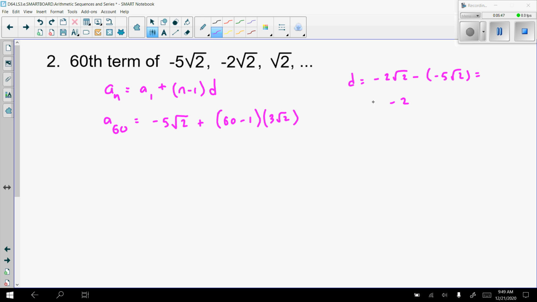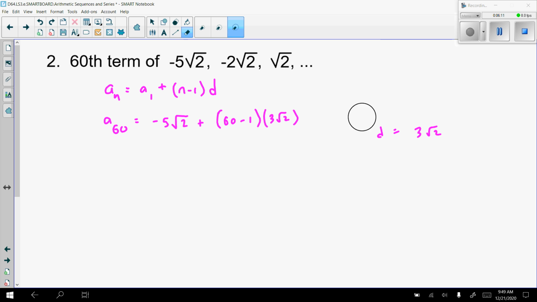Let me just write that in there: negative 2 square root of 2 plus 5 square root of 2. Let me get rid of these since I already wrote the equal sign down here. And that gives me 3 square root of 2. So not too difficult to figure that out. Now let's finish this problem.